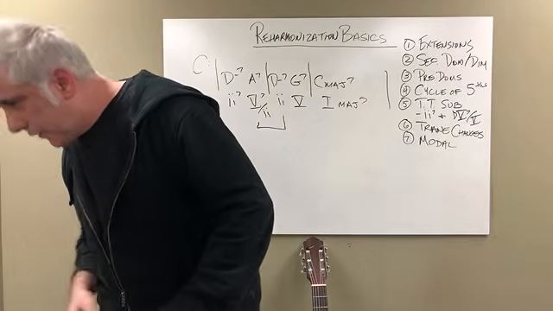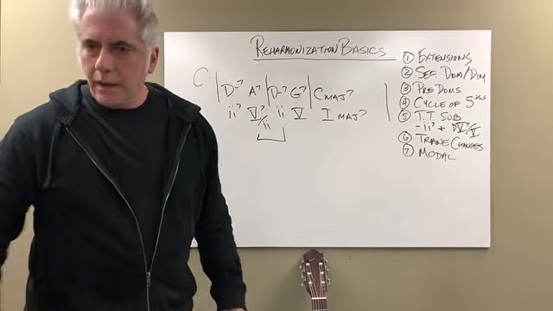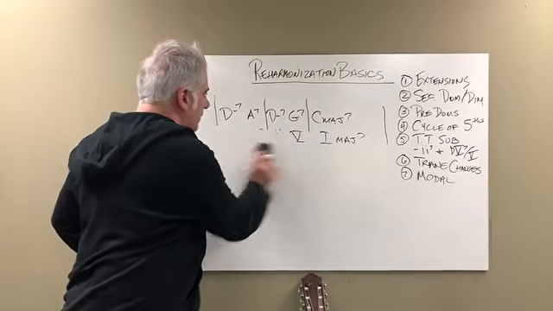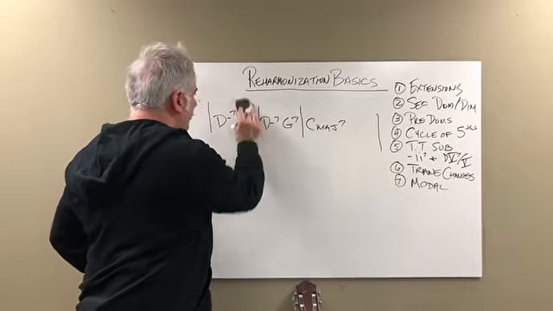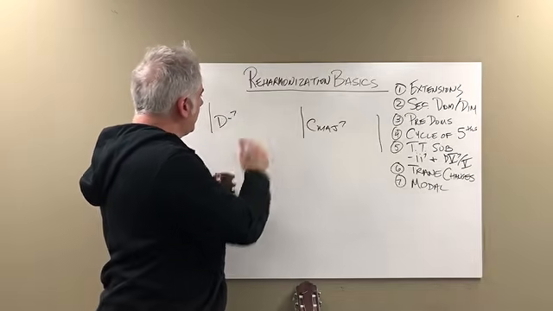I could also use it if I went like this. Let's see here. Let's say I did something like this. I could use it in this bar. D minor 7.